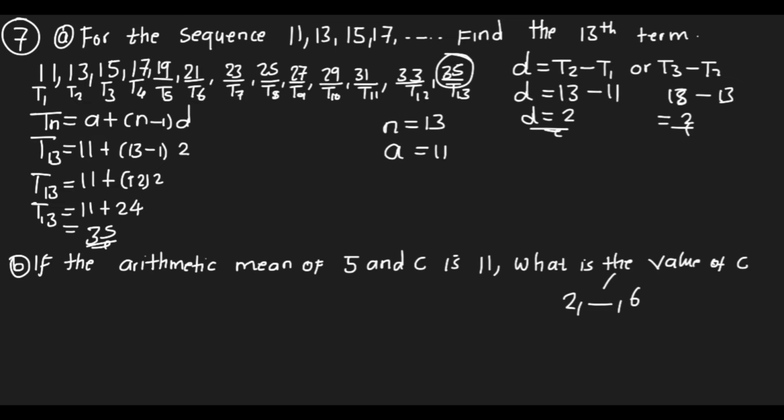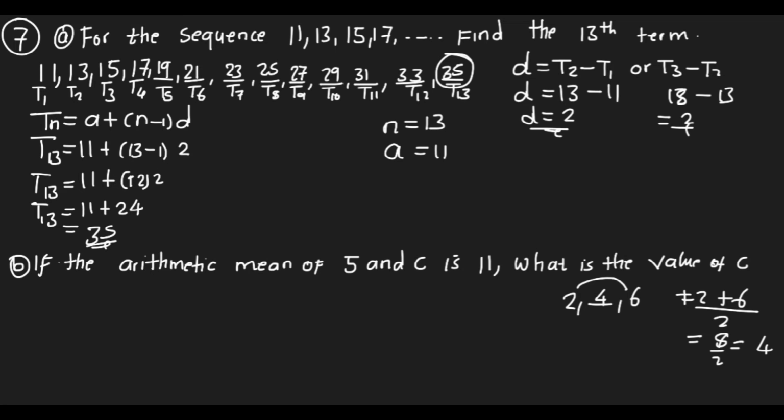So to find the middle term, we need to add these two numbers: 2 plus 6 over 2. 2 plus 6 is 8 over 2. 8 divided by 2 will give us 4. So this is how we find the middle term.